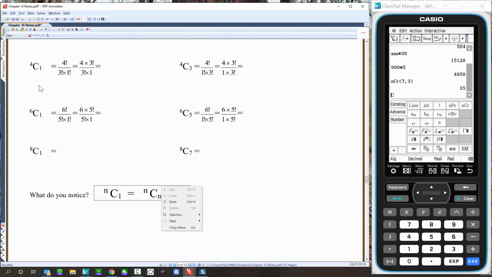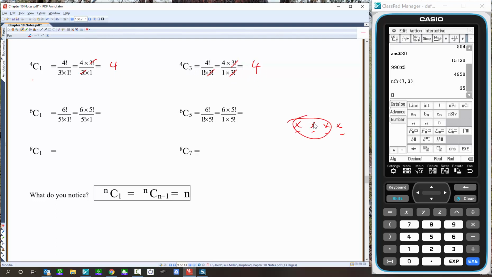Okay, how many different ways from 4 objects can I choose 1? Well, think about it. If I've got 4 objects and I choose 1, I can grab this one, or this one, or this one, or this one. That's going to be 4. How many can I choose 3? Well, interestingly, that's going to be 4 as well.